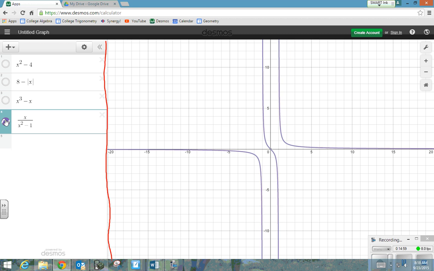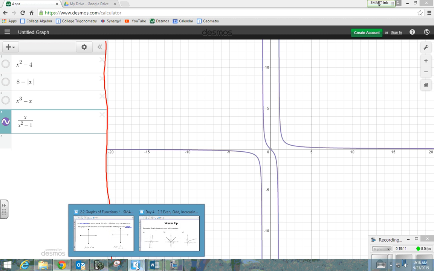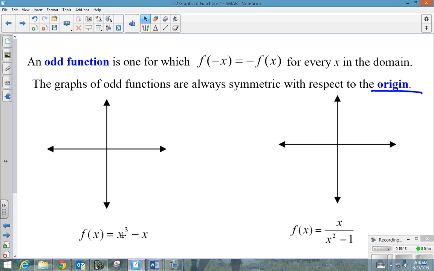We can look at this rational expression. And we can see if we rotated this graph about the origin, we'd also have that symmetry. So these are what we consider odd functions. Our cube root function looks something like this.